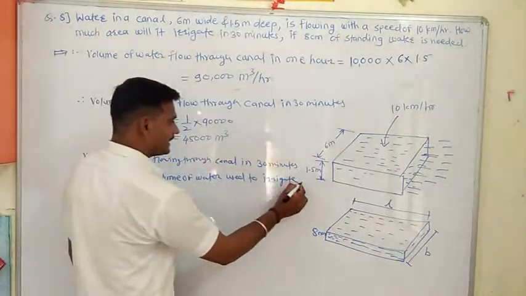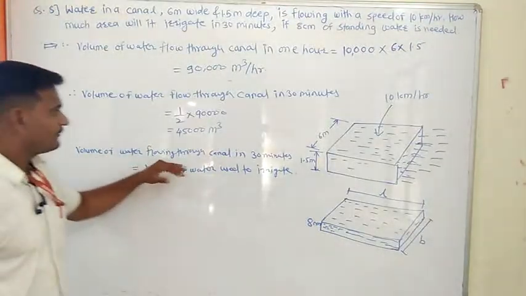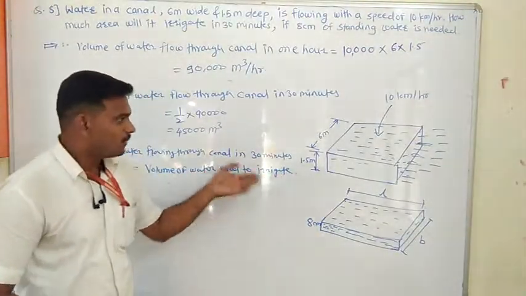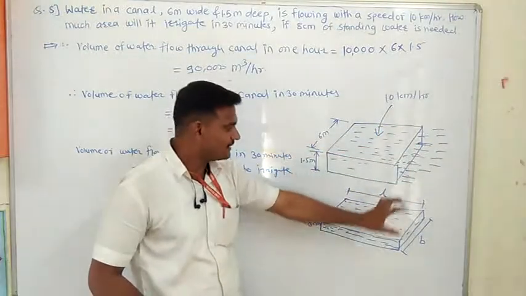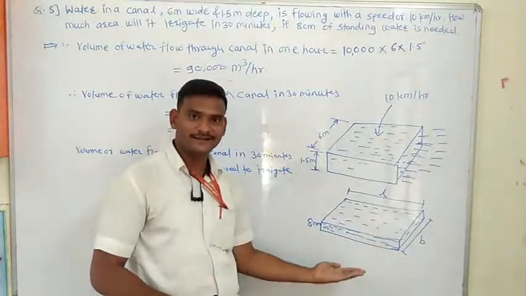Okay, we know the volume of water flowing through a canal in 30 minutes. What amount of volume of water is flowing through the canal in the 30 minutes? That much volume will be used for irrigation.